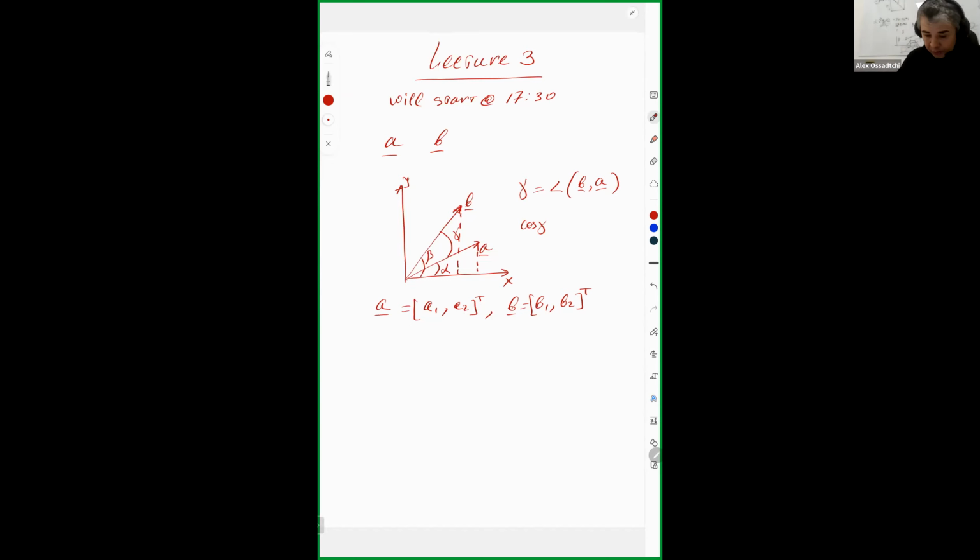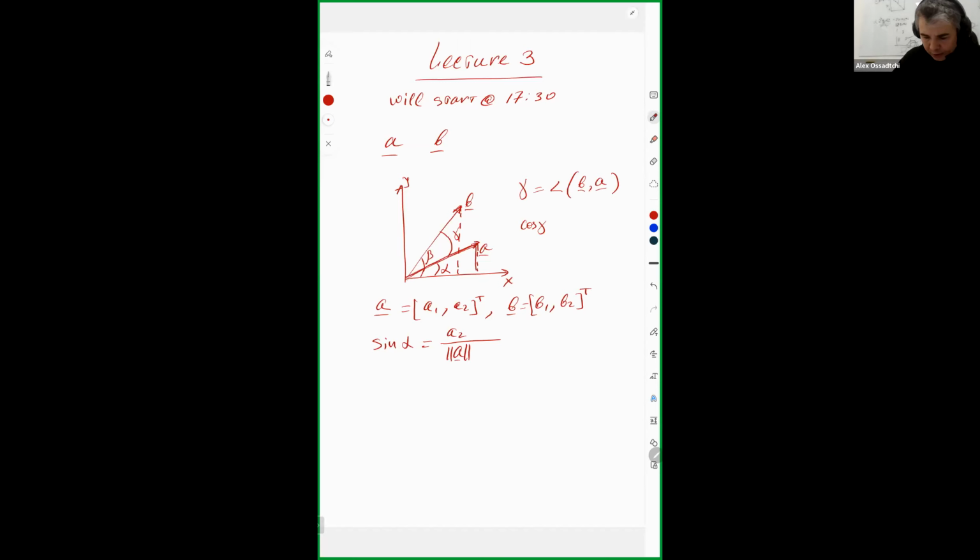Now you can write the expressions. For instance, let's write the expression for the sine of alpha first. Sine of alpha is equal to the second coordinate of vector A, which is A2, divided by the length of vector A, because the hypotenuse is the length of vector A, and this is the first coordinate.